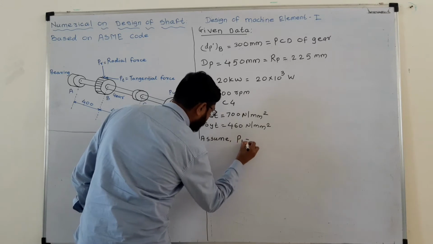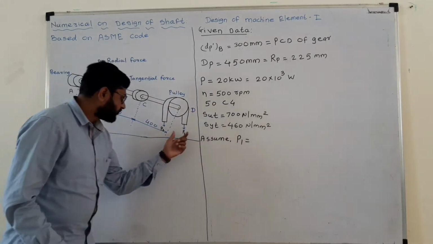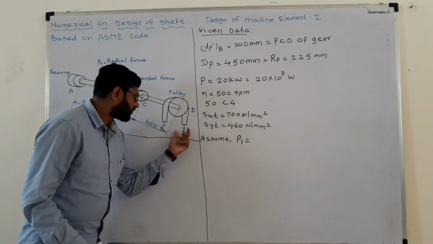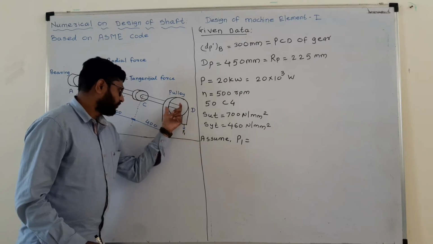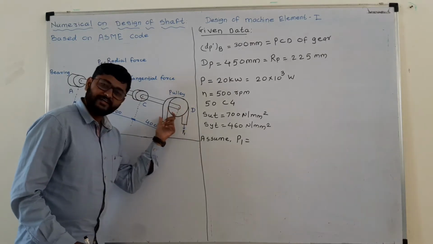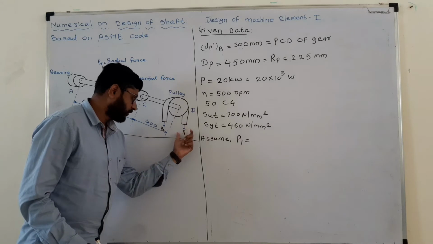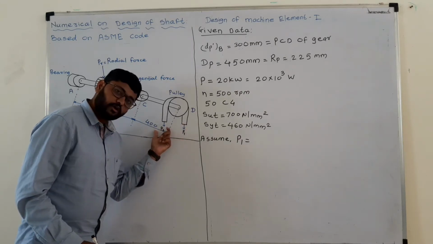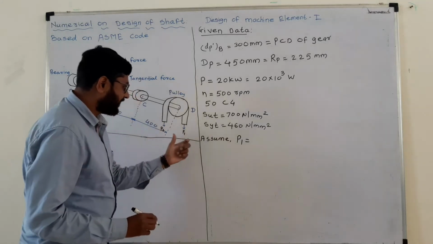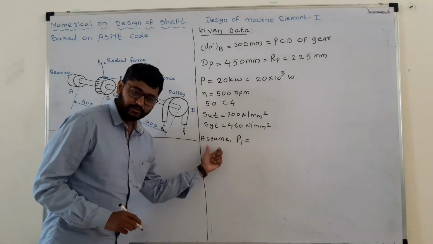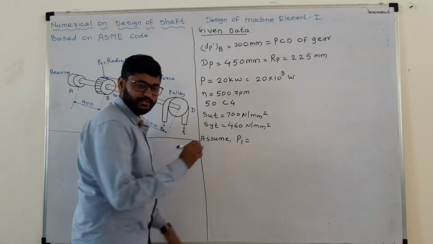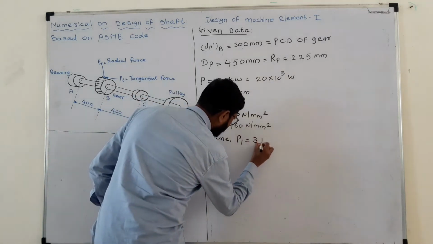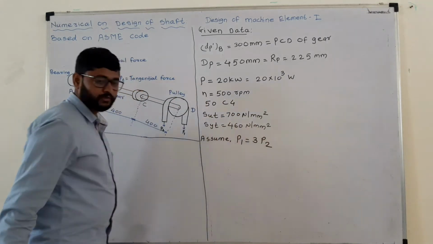Force P1 and P2 are the belt tensions acting on pulley D. P1 is the tension on the tight side and P2 is on the loose side. The relation between them is P1 equal to 3 times P2.